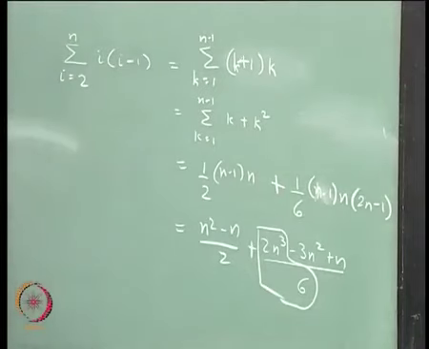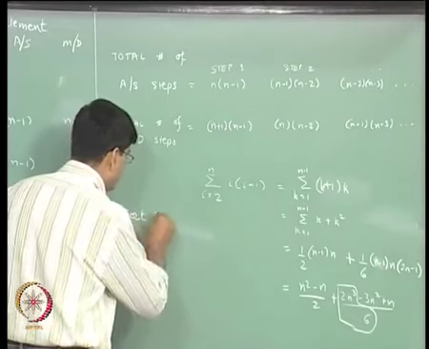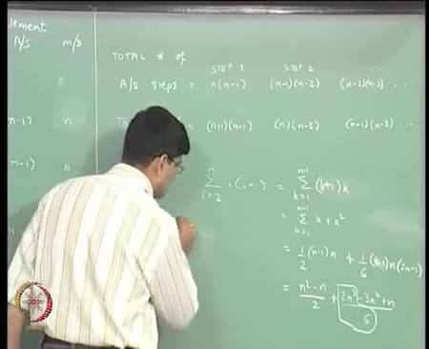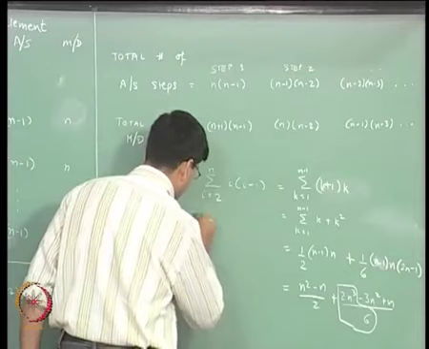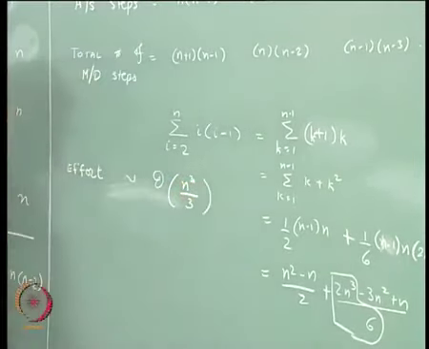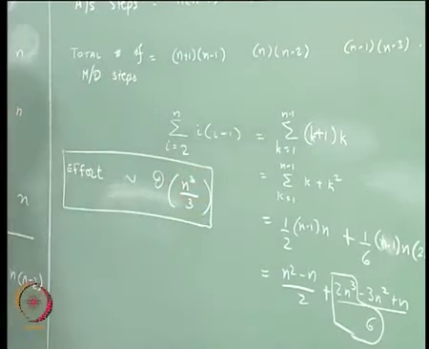So the effort in terms of the total number of addition subtraction steps is of the order of n cube divided by 3 in the case of the Gauss elimination method.